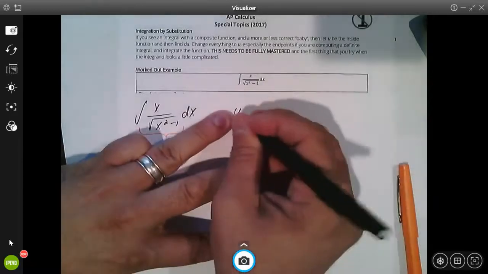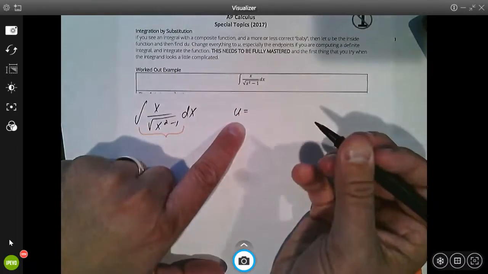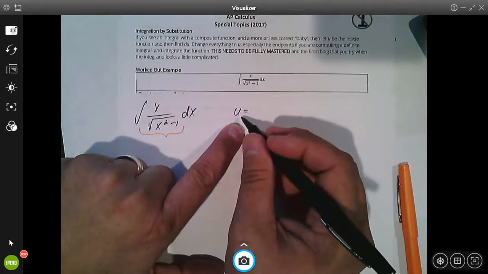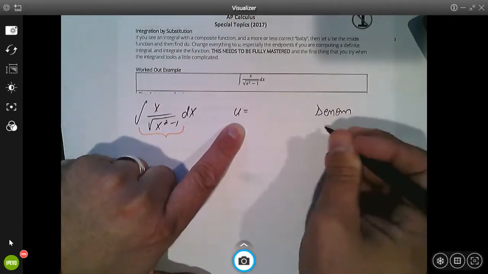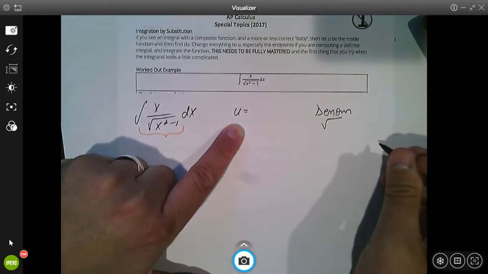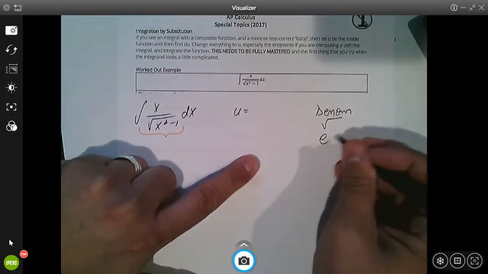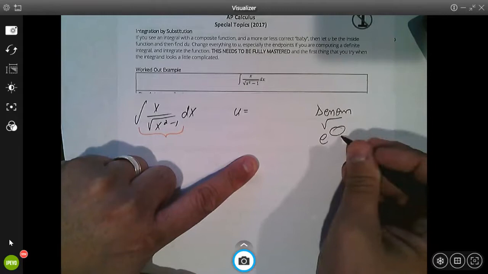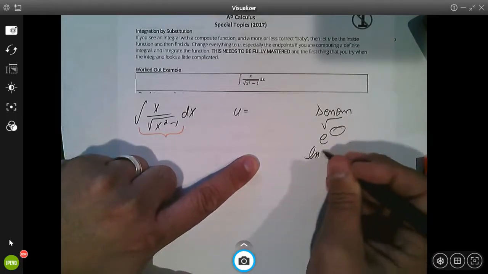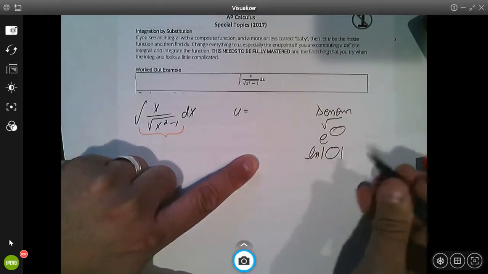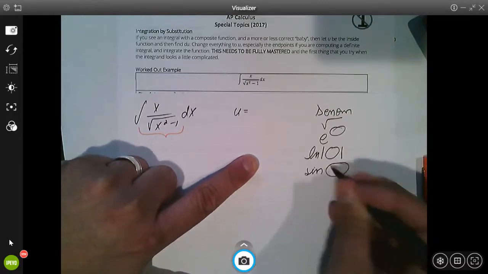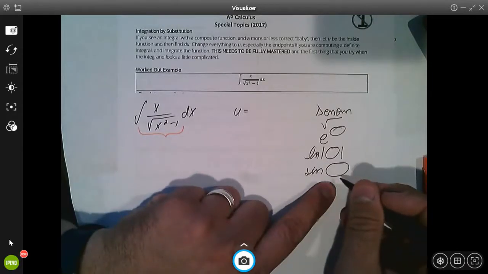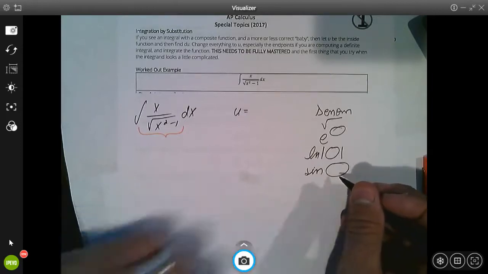So we look for the baby, this is the u, and the baby likes to hide in the denominator. So I look in the denominator. The baby likes to hide underneath a radical sign. The baby likes to hide if it's like e to a power, that might be a place. If you're integrating natural log of stuff, that could be a place that you find the baby. If you're integrating sine or cosine or tangent of something, this could be the baby.